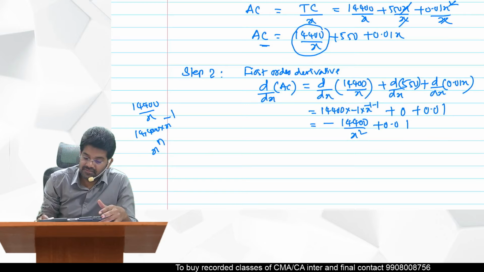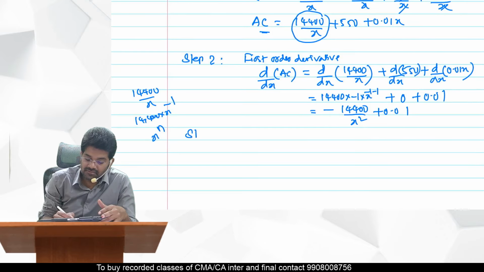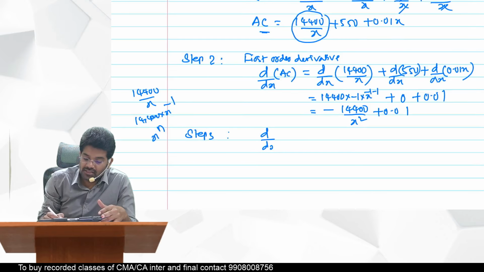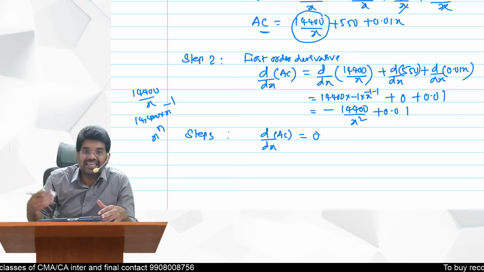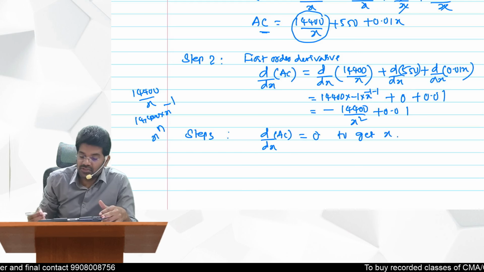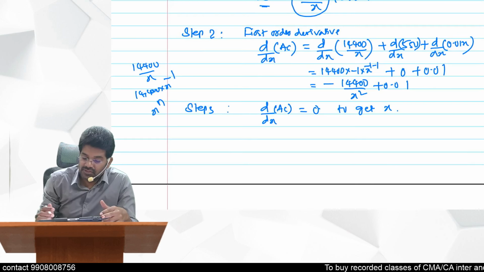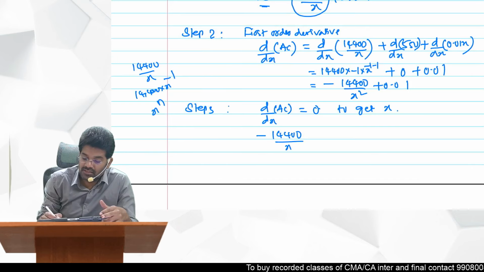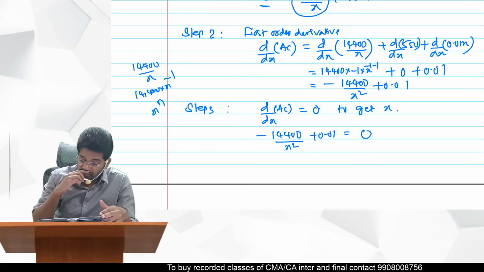Now step number 3 is d by dx of your average cost must be equated with 0 to get the x value. So let us equate: minus 14,400 divided by x square plus 0.01 is equal to 0.